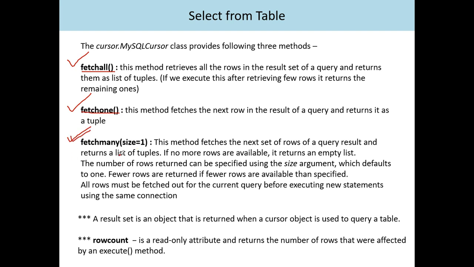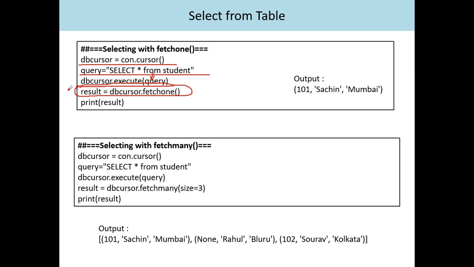Fetch many, you can specify how many records you want to fetch at a time. Usually we will use fetch all. We will get all the records from the table at once, then we will iterate over the result set. So this is the fifth step if your SQL statement is a select statement.